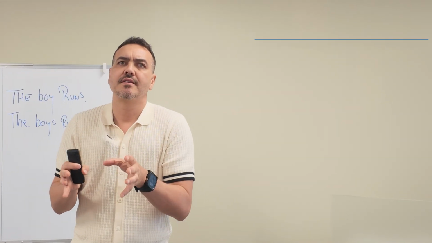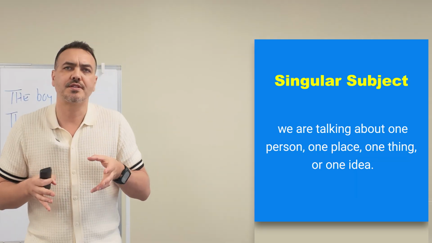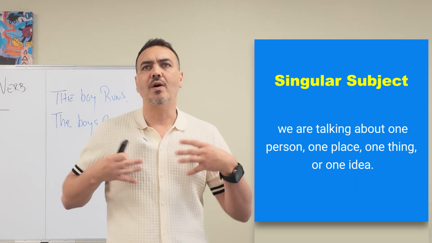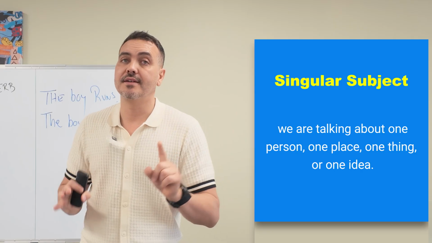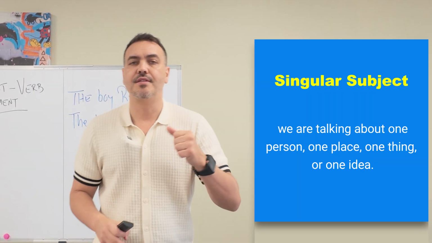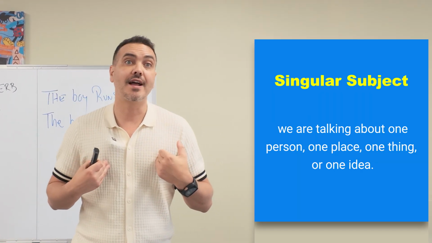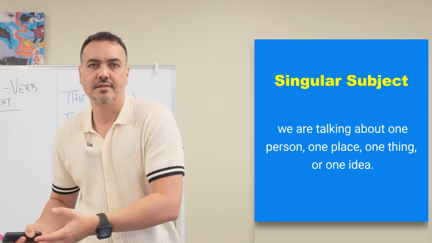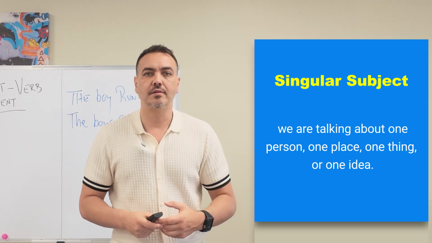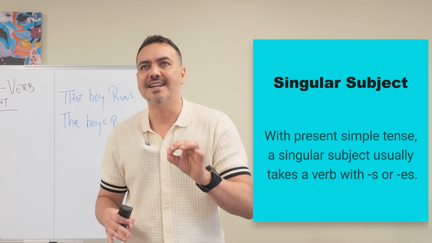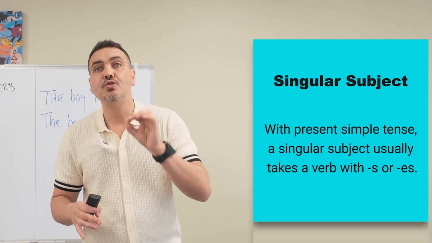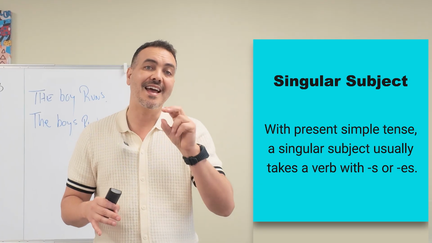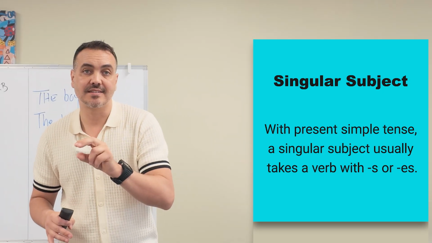Now, a singular subject means that we're talking about one person, one place, one thing, or one idea. The student, my friend, the teacher, the car, the house, or the lesson. When we use the present simple tense, a singular subject usually takes a verb with an S or ES on the end.